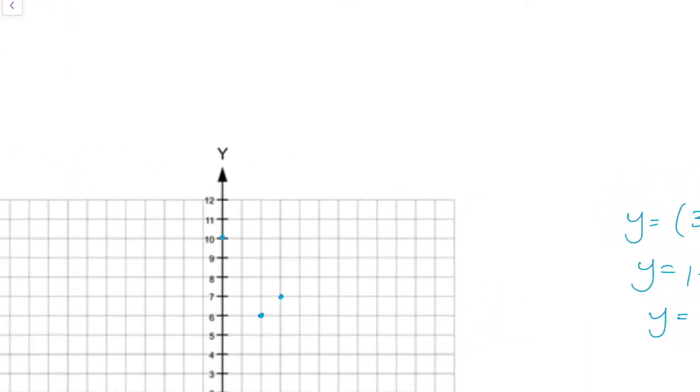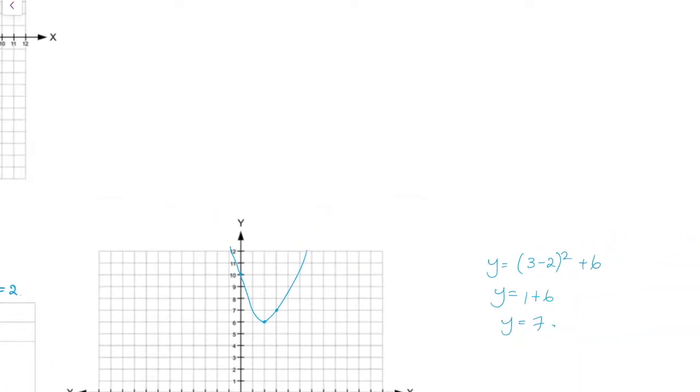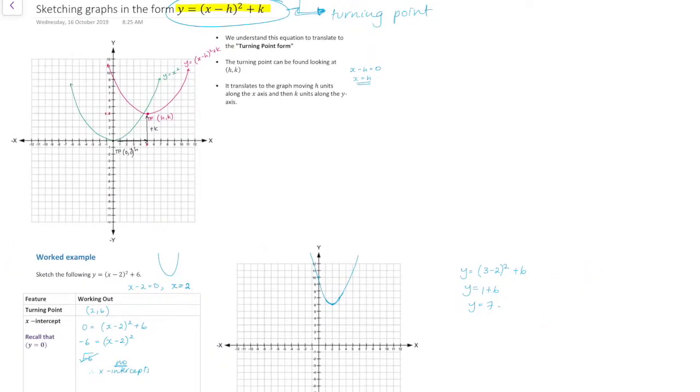Oh, that's close enough. Ooh, that is not great. There we go, that's as close as I can get it.